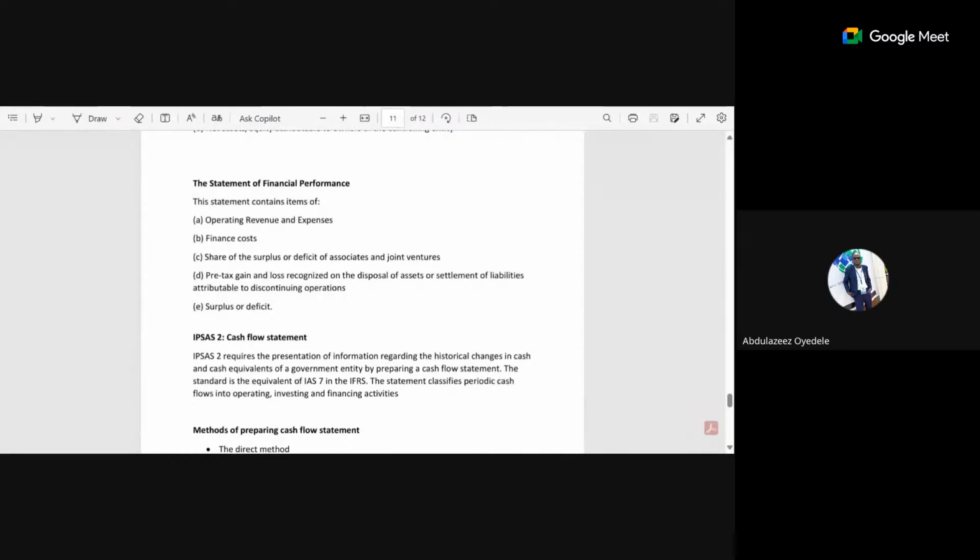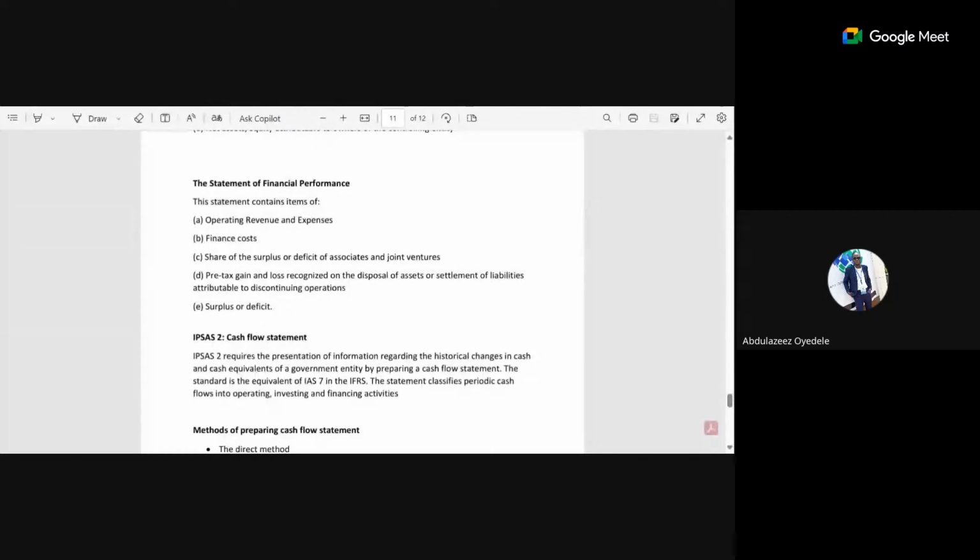Okay, so today we'll be delving into the preparation of financial statements of government under the accrual basis. Meanwhile, we have not prepared the cash flow statement under the cash basis that we did last week. I remember the question we solved last week.